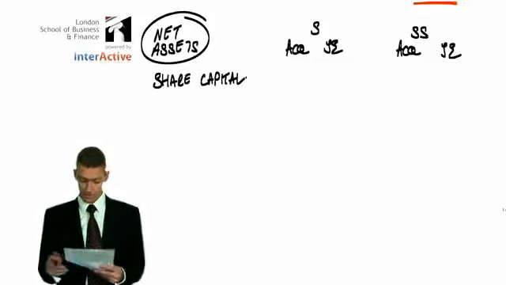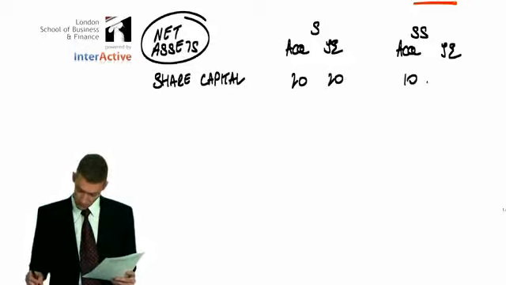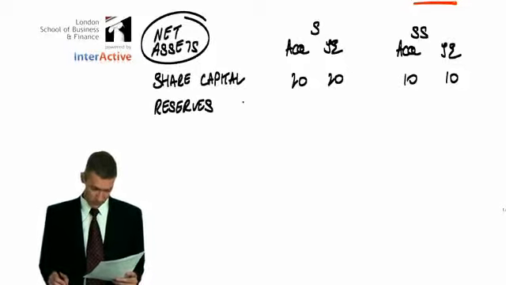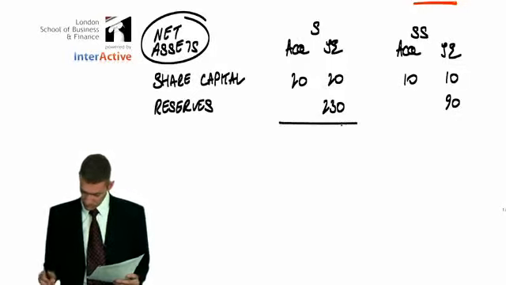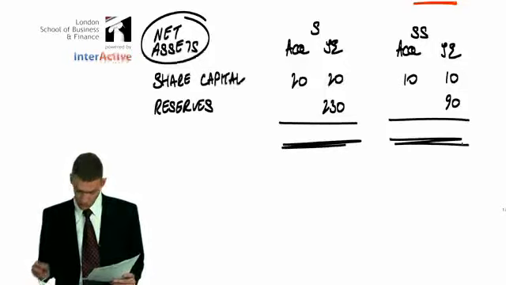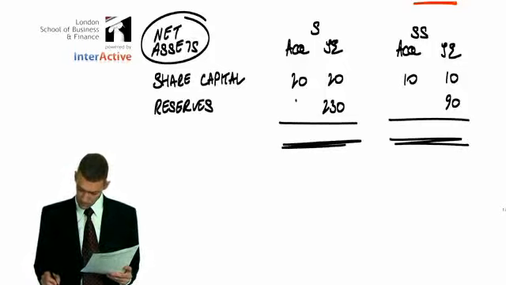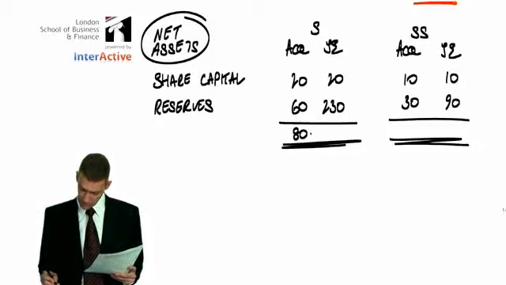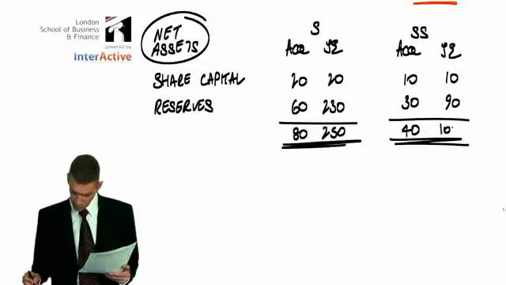But obviously reserves do. How big were the reserves at acquisition? 60 and 30. So the entity was sized 80, is now 250, was sized 40, is now 100.